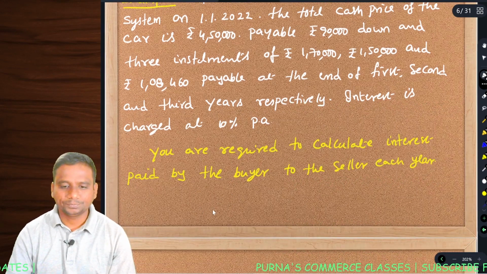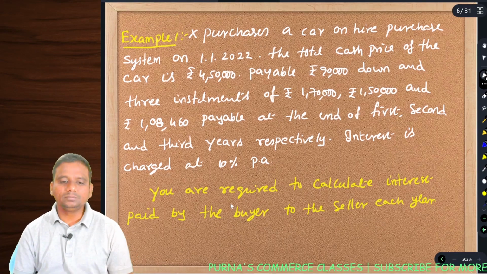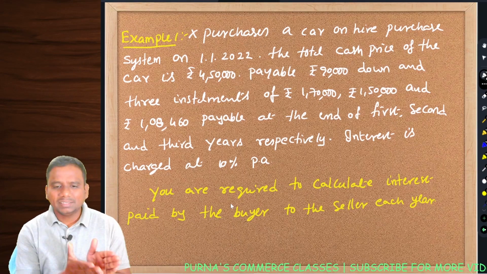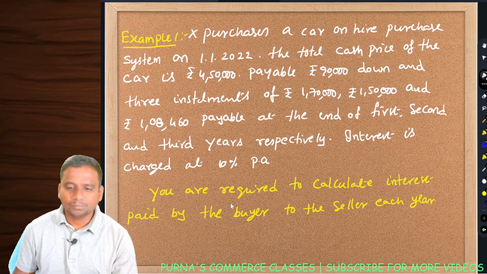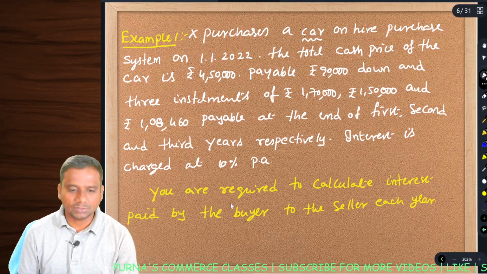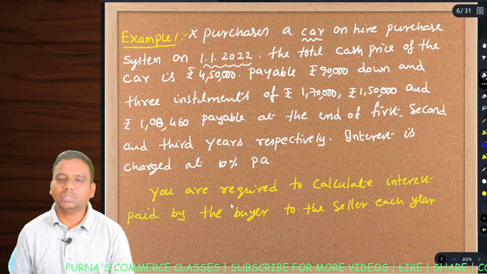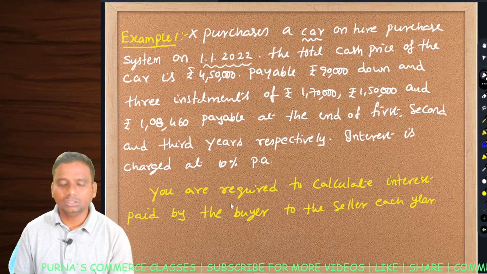Now, to understand this concept, we see one problem. Look at the example. X purchases a car on hire purchase system on 1/1/2022.